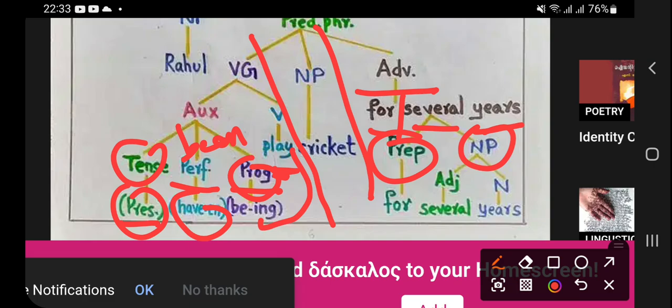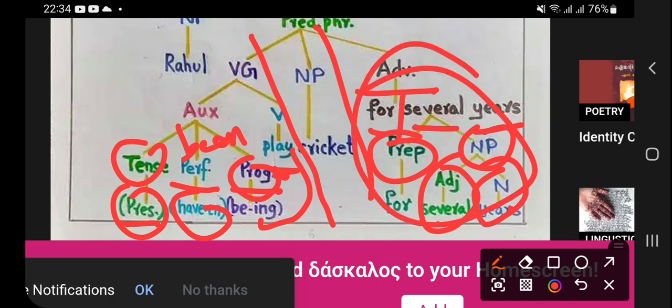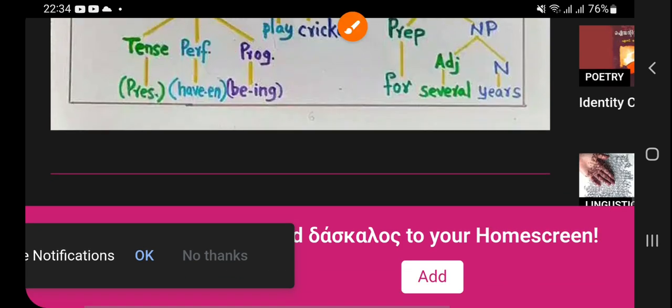Years is the noun, and several is an adjective, because it comes before the noun. So this is the way, but this sentence can be analyzed in another way, which I will tell you if you wish, because this part can be analyzed in another way also. I will tell you later on.